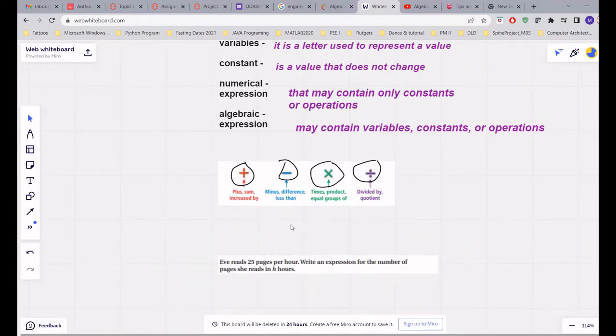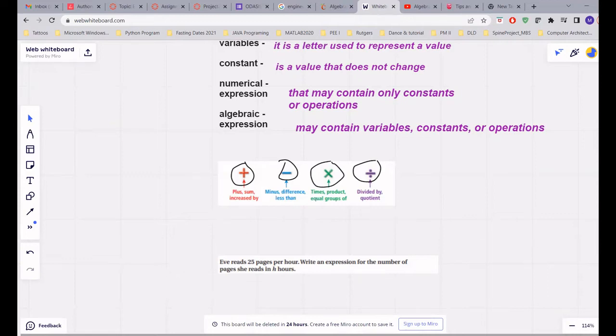Again, plus, sum, increased by; minus is the difference between two numbers, less than; times is the product of two numbers, equal groups of; and divide by, where you find the quotient of the two numbers.